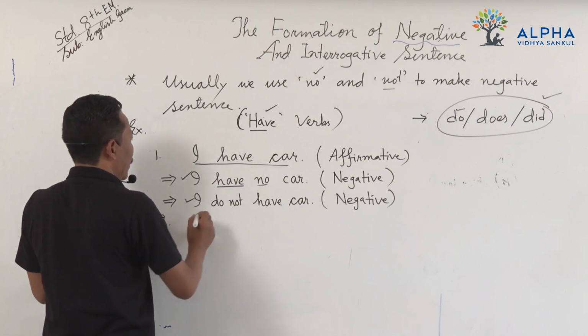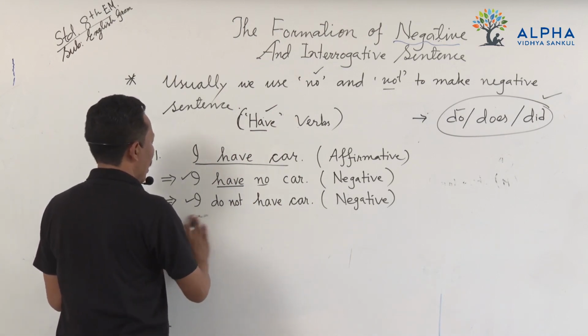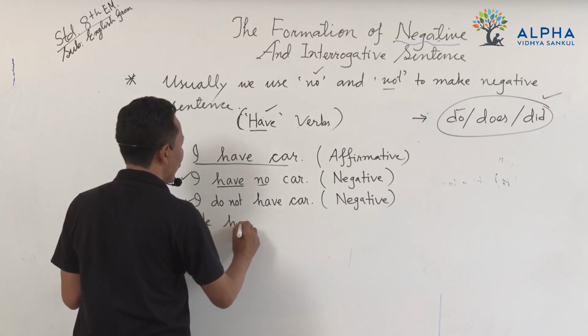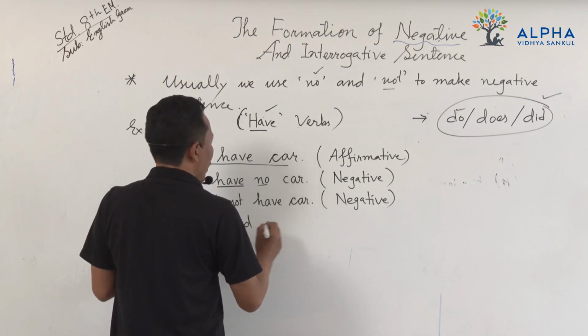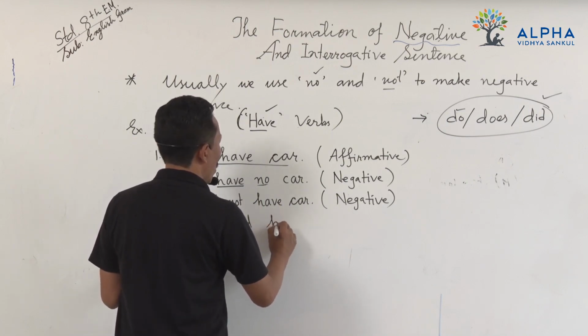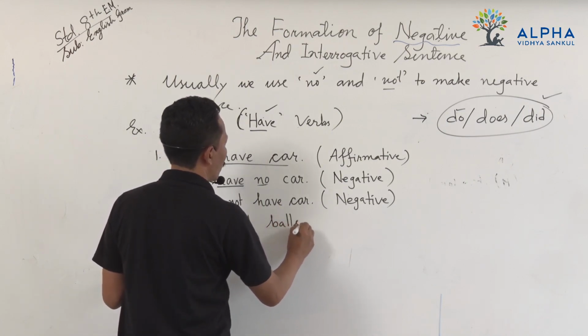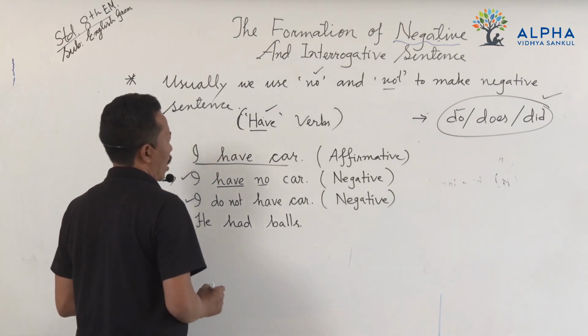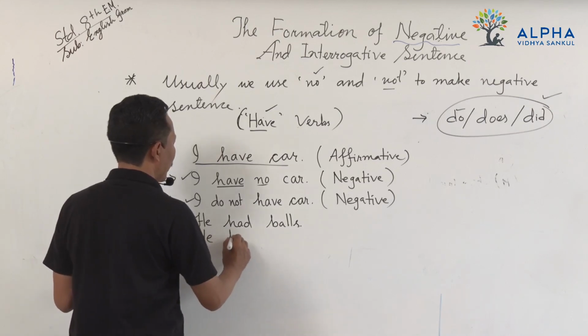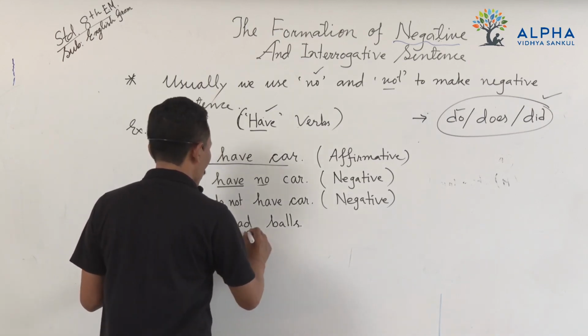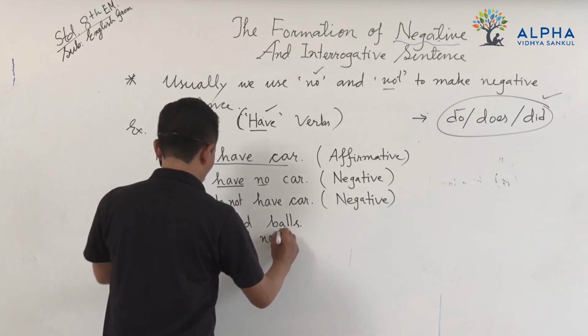Now I can say another example: he had balls. Then you can say: he had no balls.